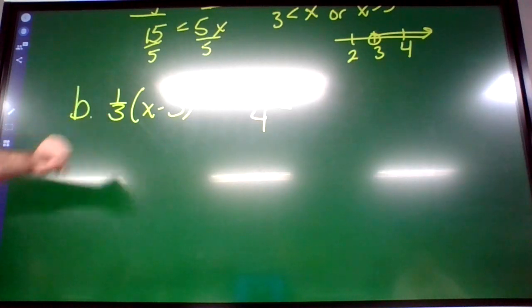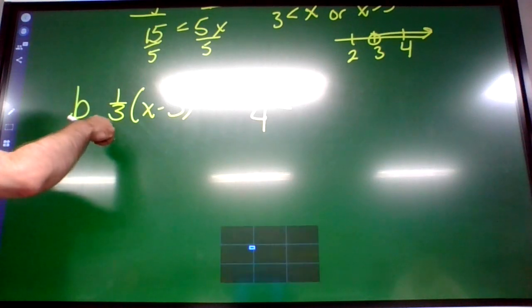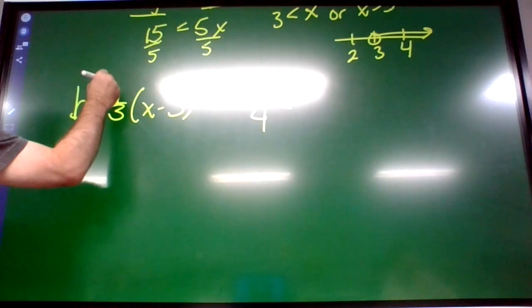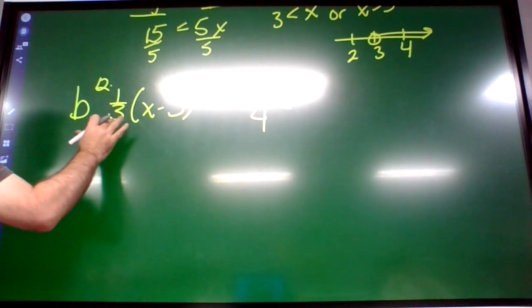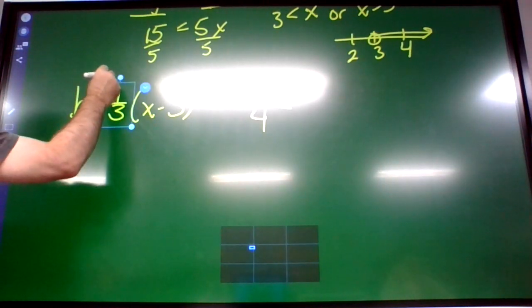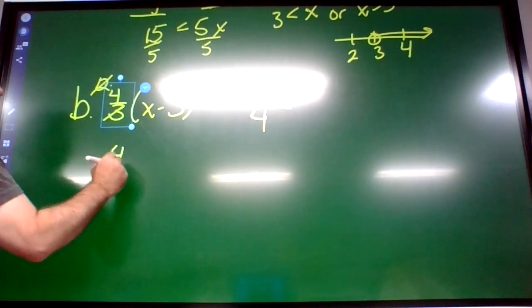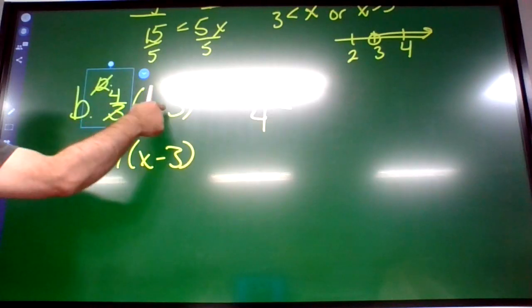How can I clean this up? We'll multiply by 12. Because 3 and 4 go into 12. So the whole left side is multiplied by 1/3. So when we multiply that by 12, you only have to multiply this by 12 because then it gets distributed.